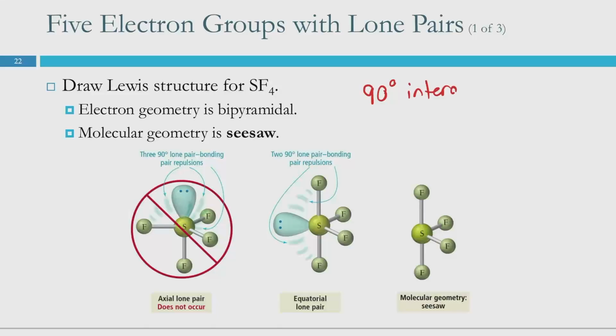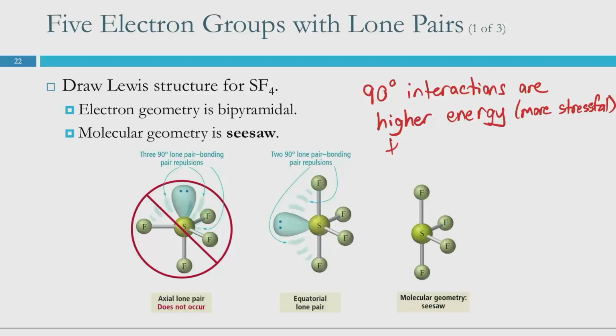So 90-degree interactions are higher energy than larger degree interactions. These are more stressful than these 120-degree interactions.